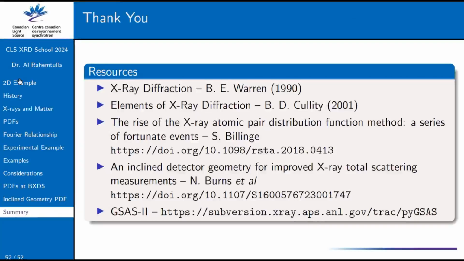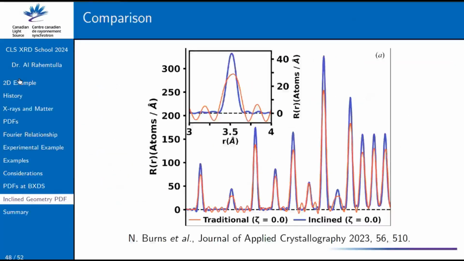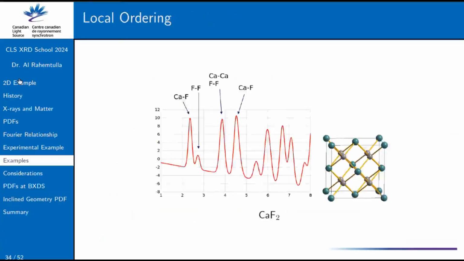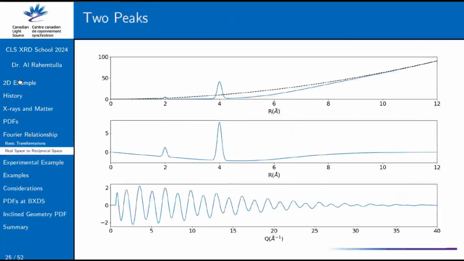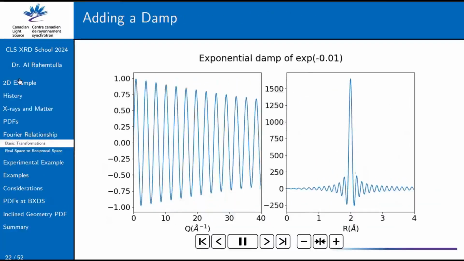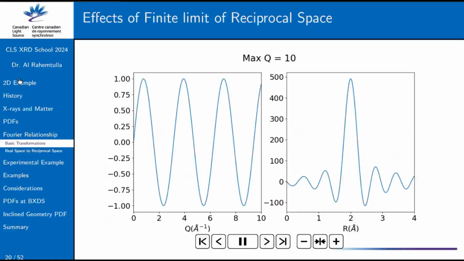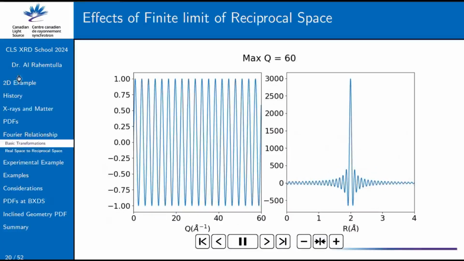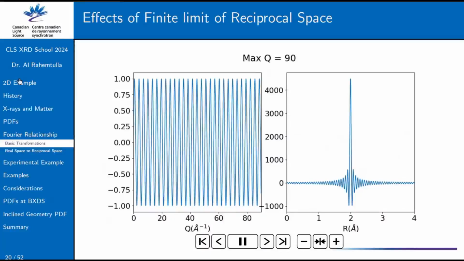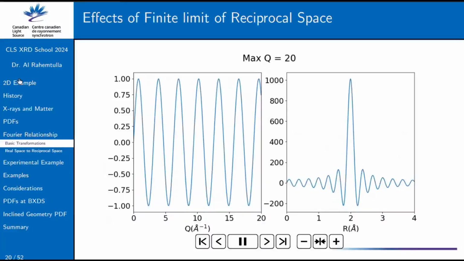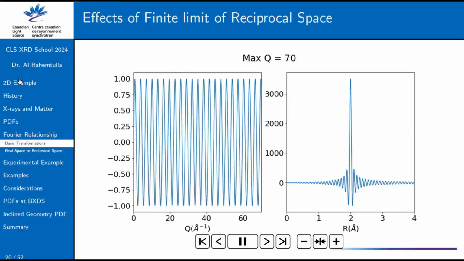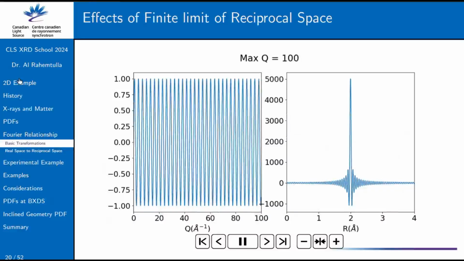So technically, yes. The thing is, if you remember, here we go. Remember that max Q. In most cases, our high resolution powder XRD that we do at our low energy wiggler goes out to roughly 9 inverse angstroms.